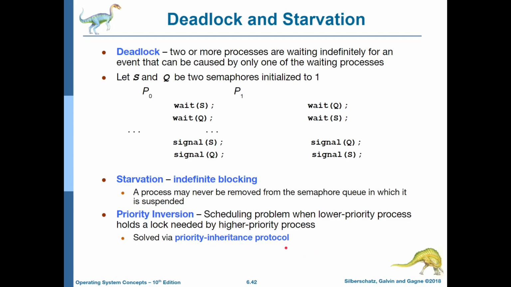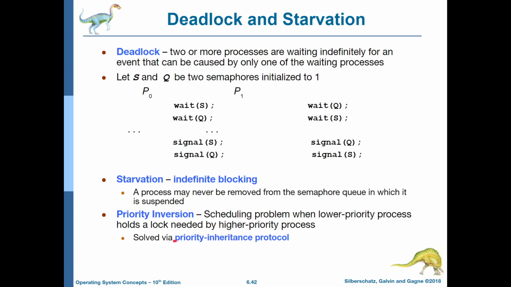Now, we can fix this by using what is called the priority inheritance protocol. That's where if the low priority process performs a lock on something, it's still a low priority process. But if the high priority process comes along and performs a lock on the same resource, the operating system recognizes that that resource is locked by a lower priority process.